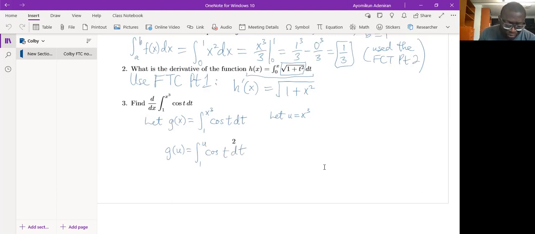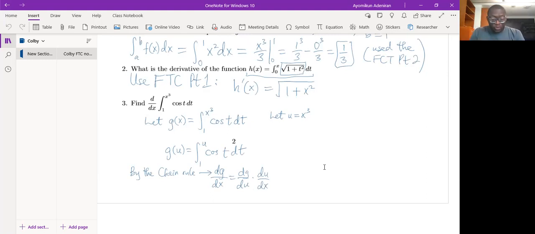Okay, so by the chain rule, let me write it this way. dg/dx is going to be dg/du times du/dx.